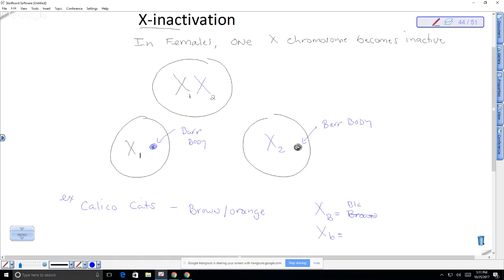I realize brown and black are both B's. Brown and orange, sorry, I'm so confused. Okay, let's scratch that out. I need to figure out how to use my eraser on here. Okay, so this should be brown, and this should be orange.